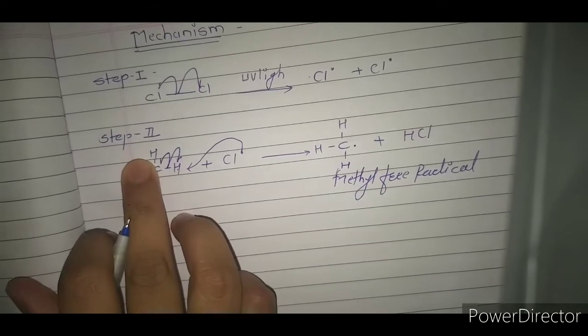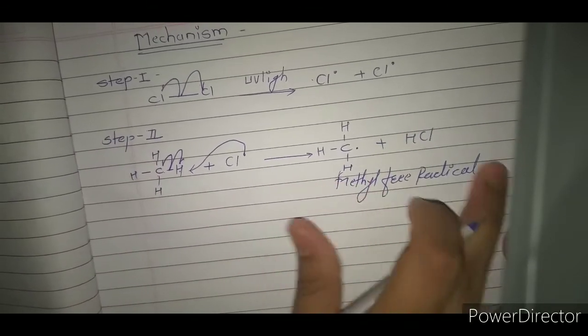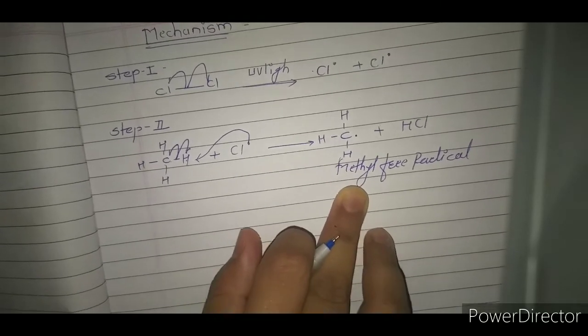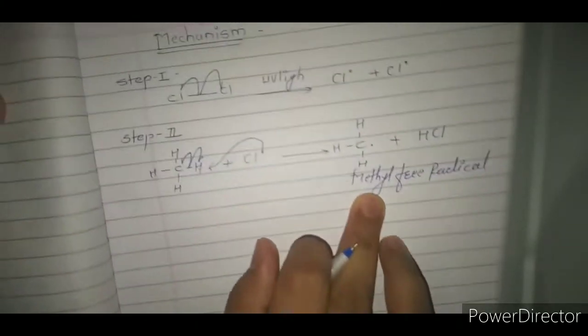Okay, so this is your second step. In second step, what happened? Methyl free radical is formed by homolytic fission.